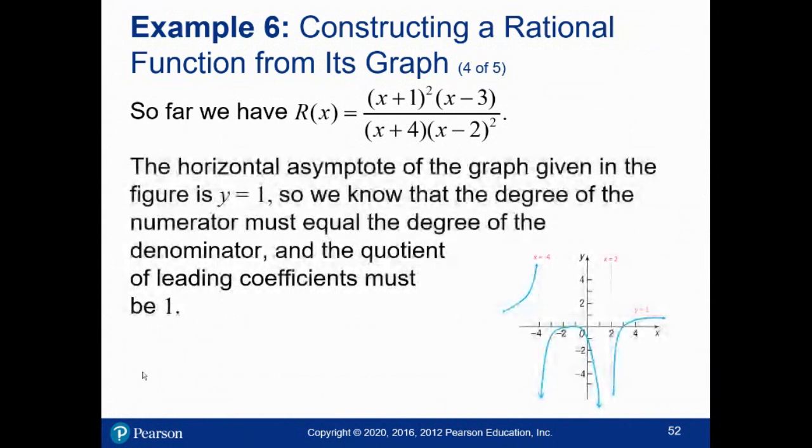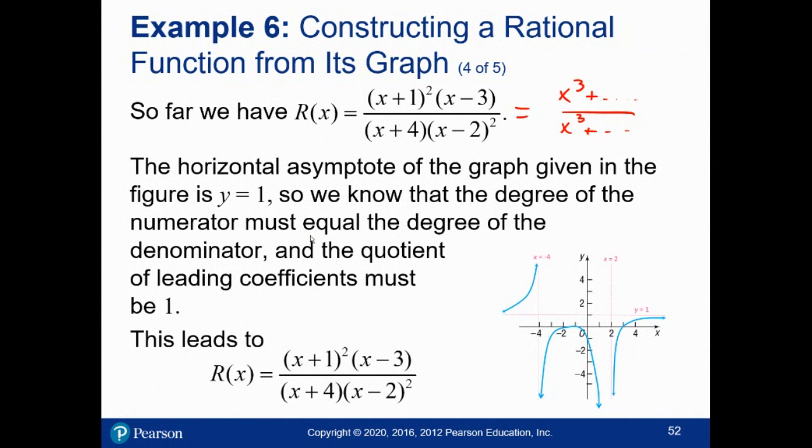What would the horizontal asymptote be? Well, if you expand all of this out, you end up with an x cubed and then lower terms. And here you get an x cubed and then lower terms. So this already matches that the degree of the numerator is the same as the degree of the denominator, with leading coefficients being equal to each other. So we don't actually have to do any adjustment.